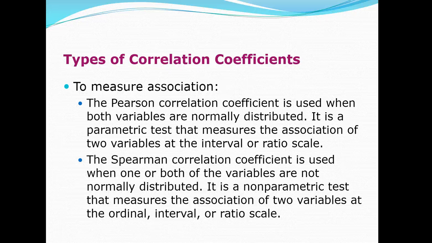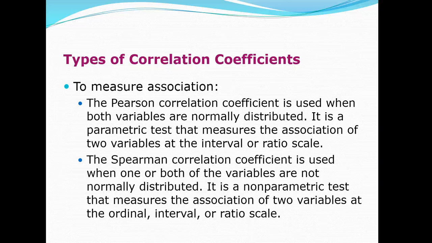So what are the types of correlation coefficients? Well, as I mentioned, it's all about measuring the association. And the first type is the Pearson. Remember Carl Pearson, who also developed the chi-square statistics? Yep, he's very bright. He's again the guy who also developed the Pearson correlation coefficient to measure the association between 2 variables.